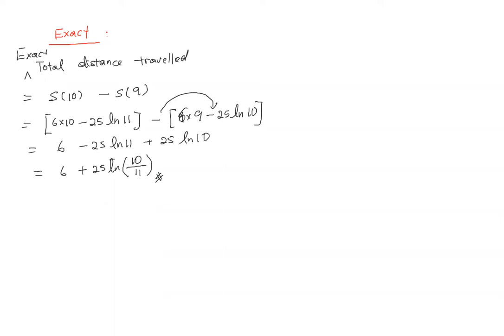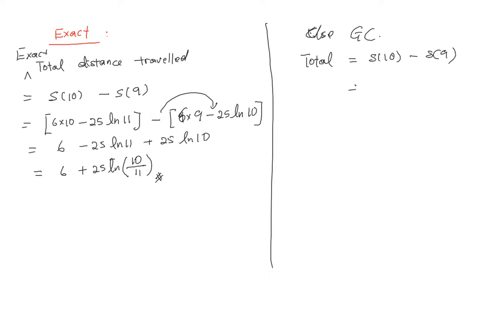If the question didn't ask for exact, like here, you can just use GC. You just need to write total is S10 minus S9. Then write down the answer, 3.38.